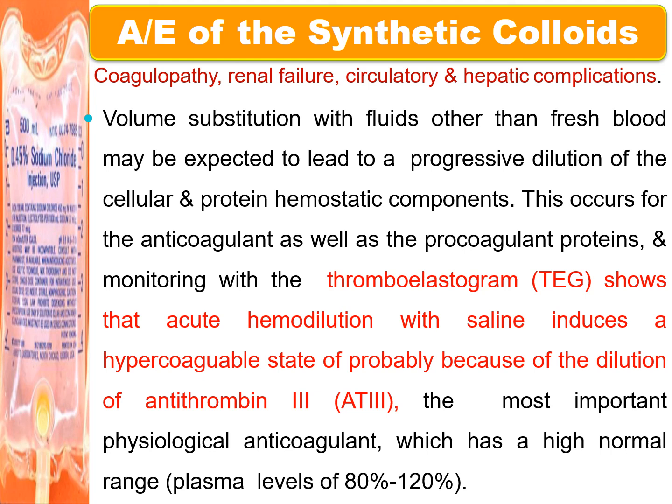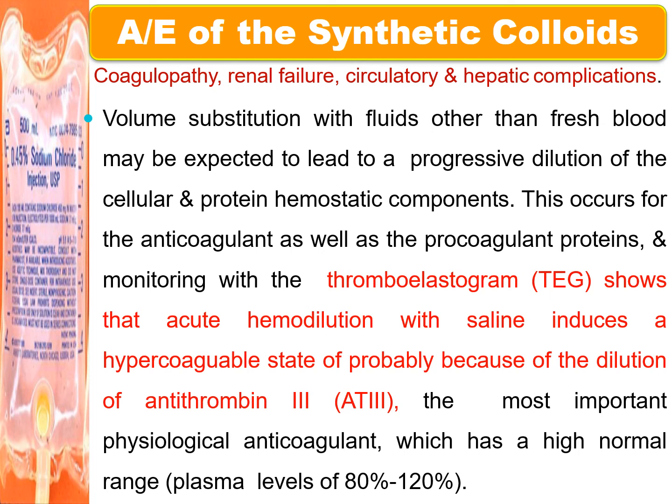And if we monitor these with the help of thromboelastogram, that is the TEG, it shows that acute hemodilution with saline induces a hypercoagulable state. It is probably because of the dilution of antithrombin 3.